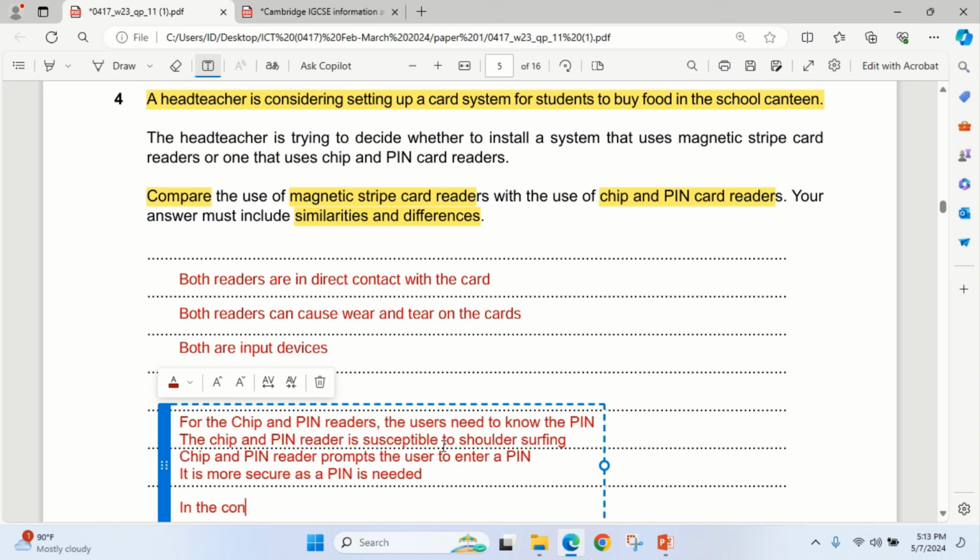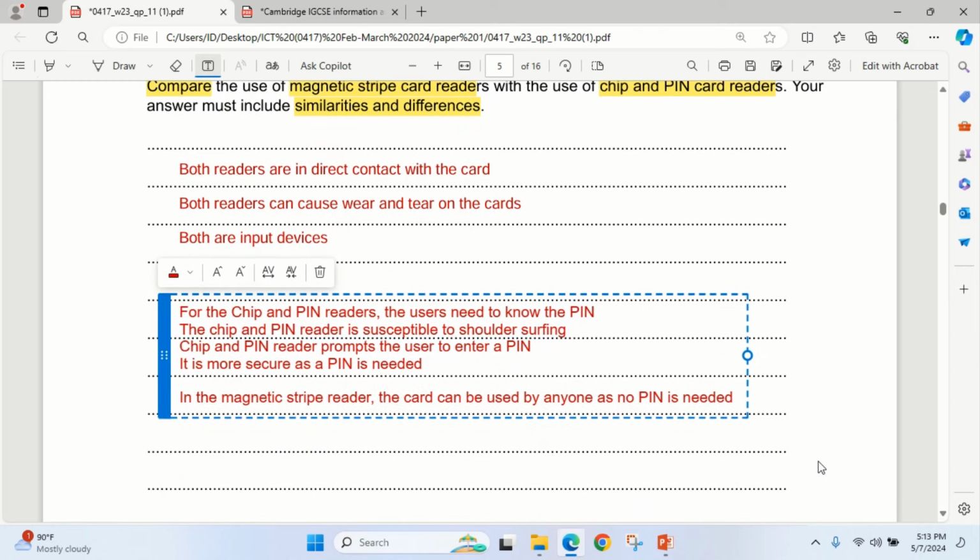In the magnetic stripe reader, the card can be used by anyone as no pin is needed or required. So that's an issue with the magnetic stripe reader. As long as anybody lays hand on the magnetic card and the card reader, they can use it. You don't need to have the pin with them.